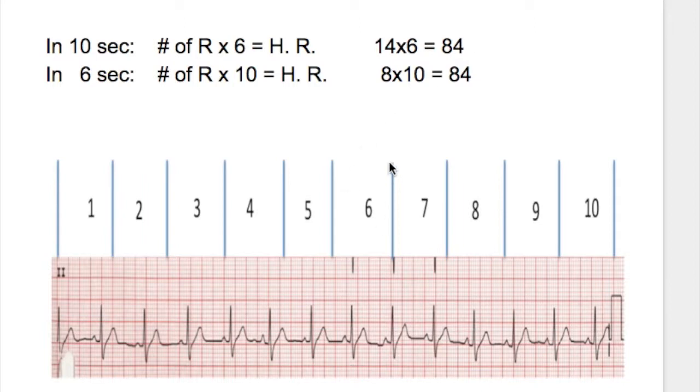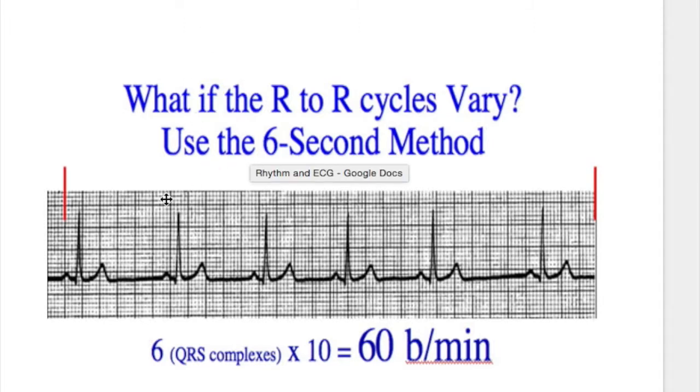And the other method is that you take a 6-second strip. In 6 seconds, you count the number of R's and multiply it by 10. That gives you the heart rate. See, here is a 6-second strip.